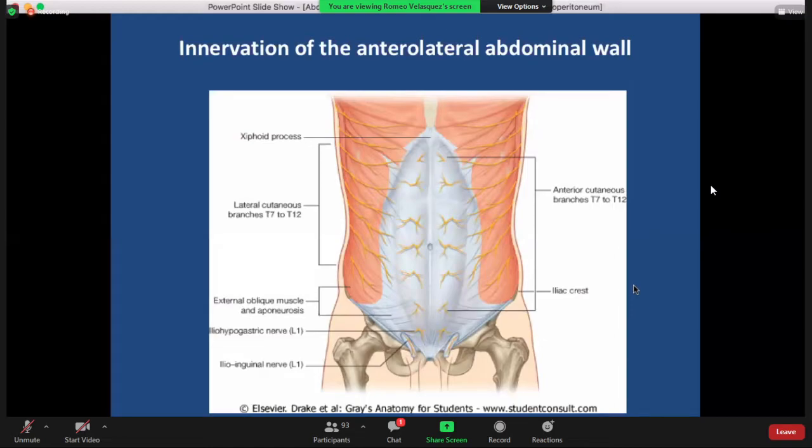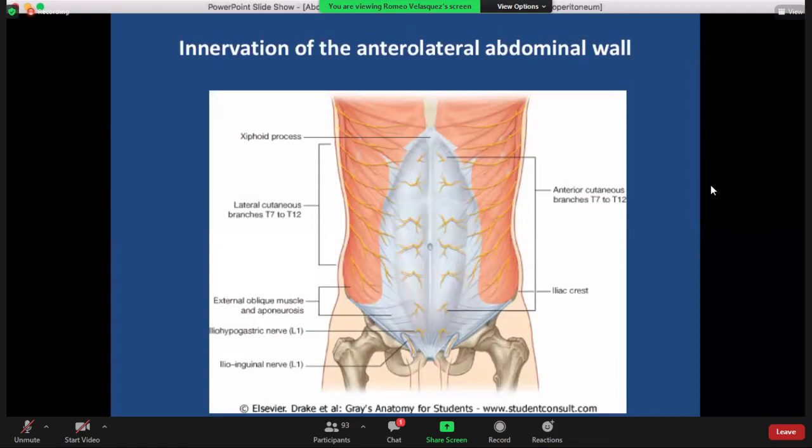Now, innervation, anterolateral abdominal wall. That's the distribution. So basically, lateral cutaneous branches are identifiable in this illustration from T7 to T12.